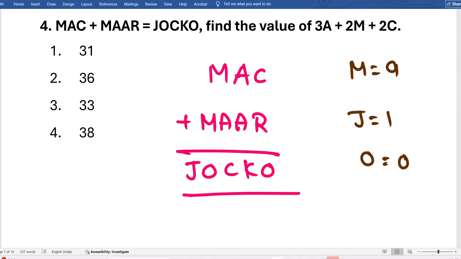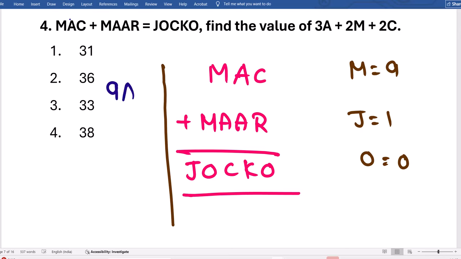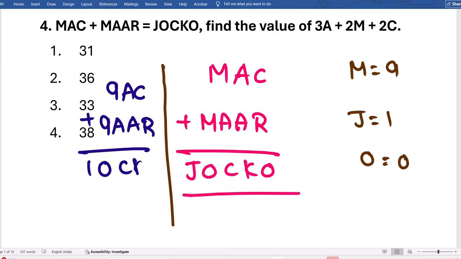Now put that in the expression after you know the values. 9 AC, 9 AR, 10 CK 0.